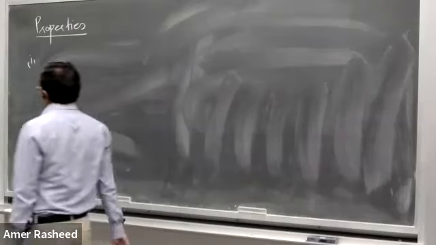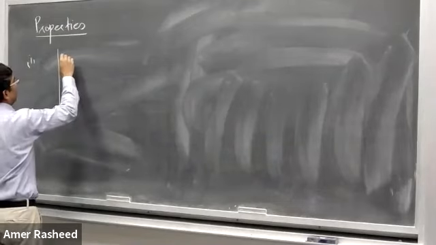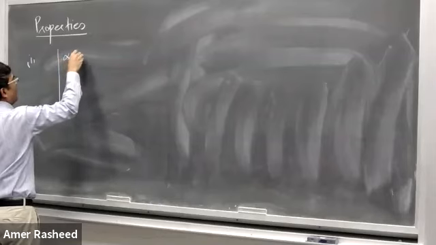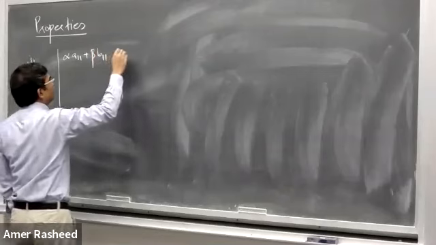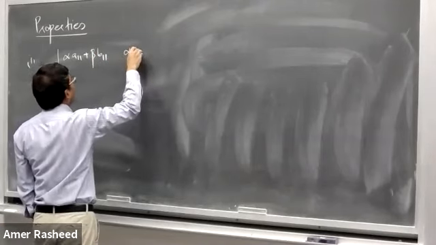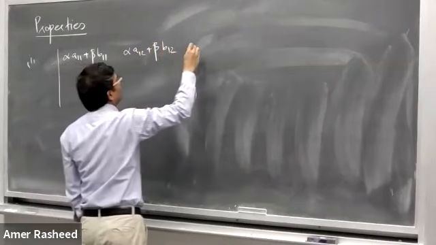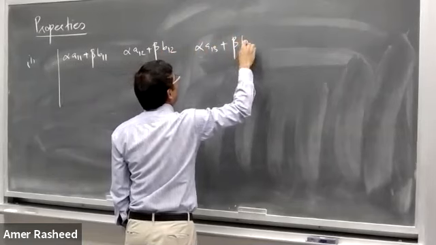So another very important kind of property is that if we have in any row, if we have alpha A11 plus beta B11, okay, alpha A12 plus beta B12, and alpha A13 plus beta B13.